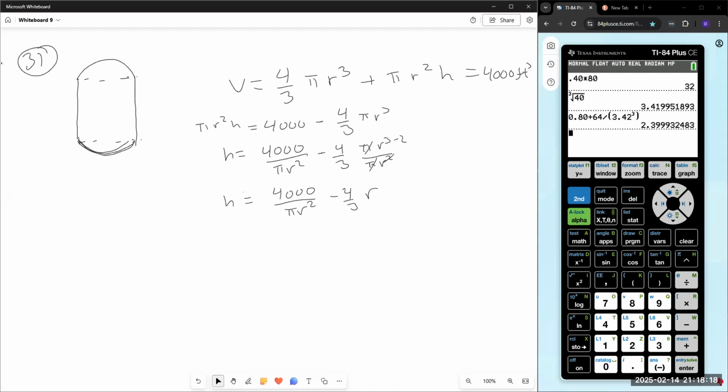Now we're going to say that the hemispherical ends cost twice as much per square foot of surface area as the lateral sides.